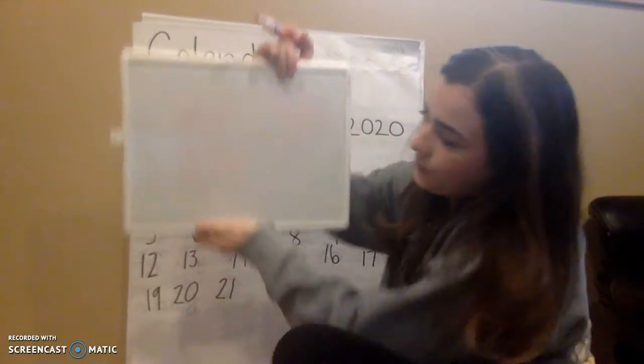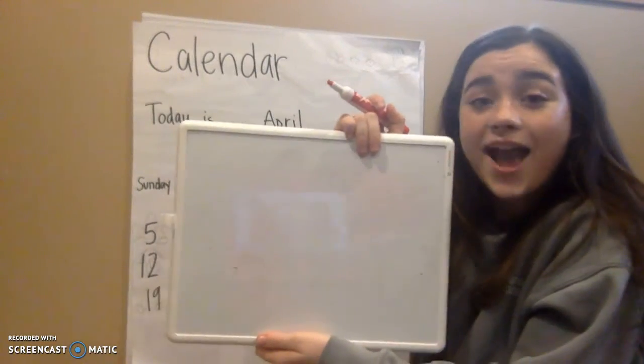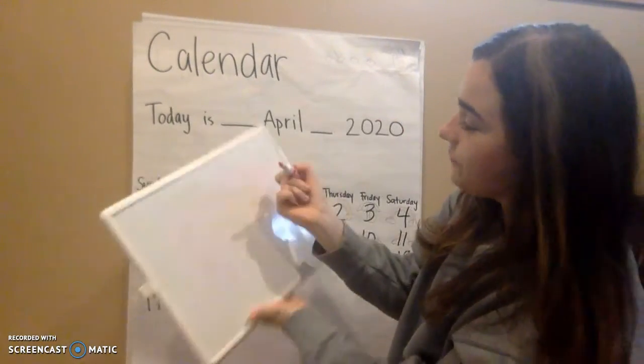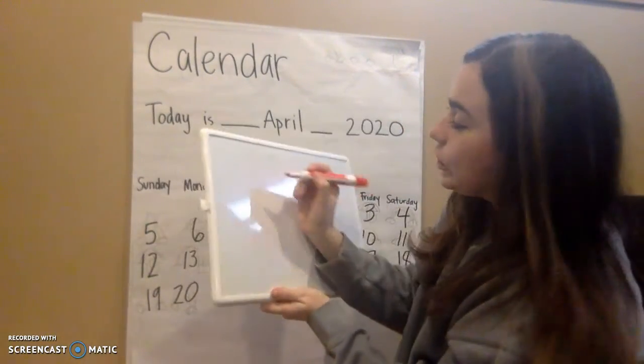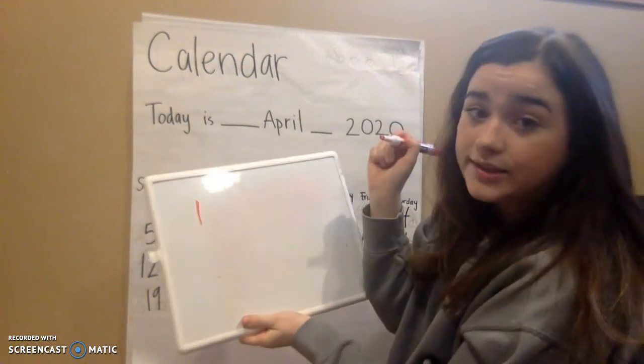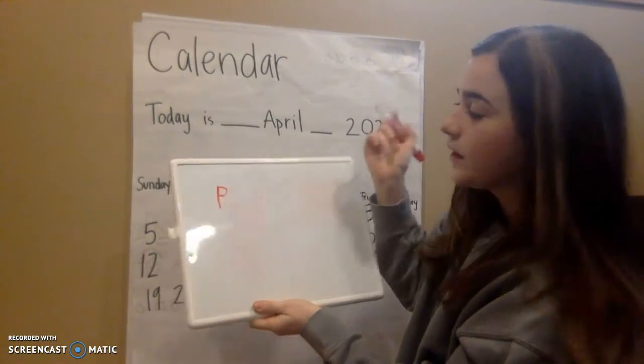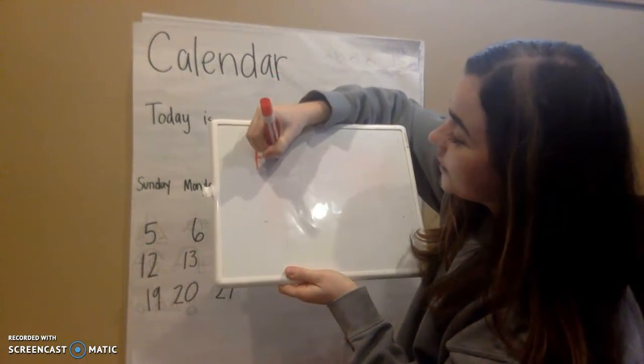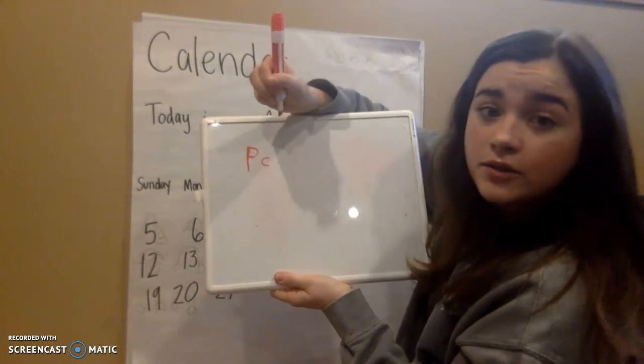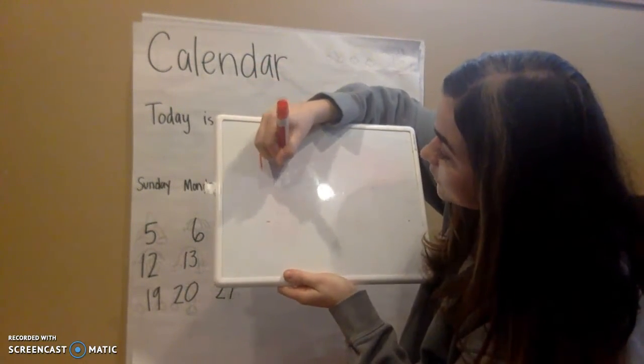So I'm going to do another example of writing a name. Today I'm going to do Paola's name. So when we write Paola's name, we need to do big line down, little curve. Next we have the letter A. So we do little curve, little line.